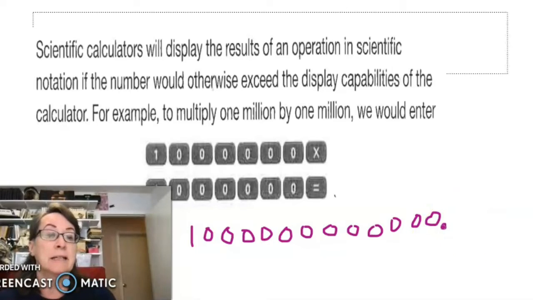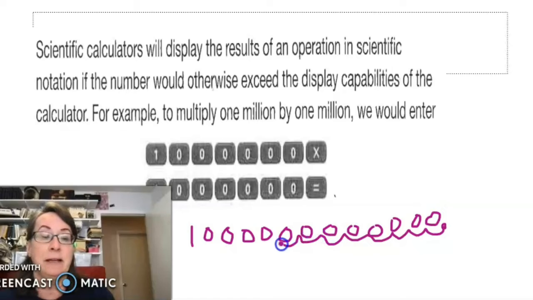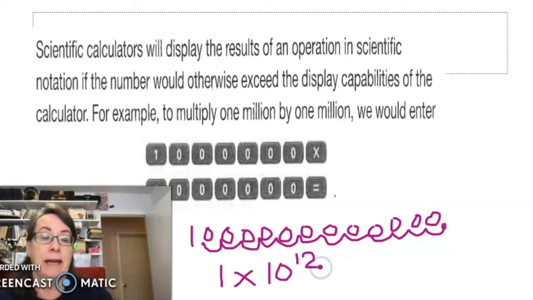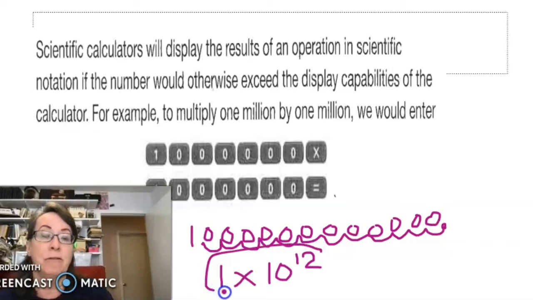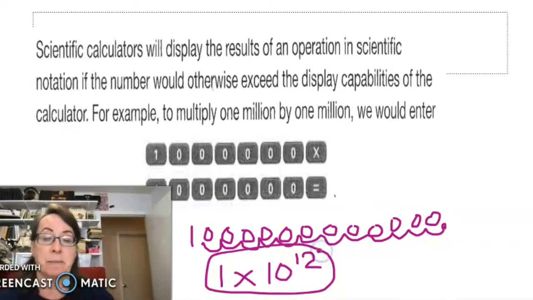So let's go backwards: 1, 2, 3, 4, 5, 6, 7, 8, 9, 10, 11, 12. That is 1 times 10 to the 12th, and that will fit in your calculator display.